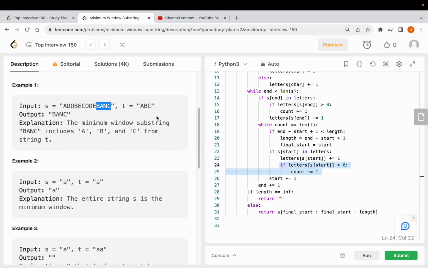B had frequency 0. After this it had frequency 1, and since this was a letter that we needed, now we are counting down from 3 to 2 because we needed this B and now it's gone. So now we lose 1 count. We are back to count 2, and start moves to the right. So the next window we're looking at is this one.